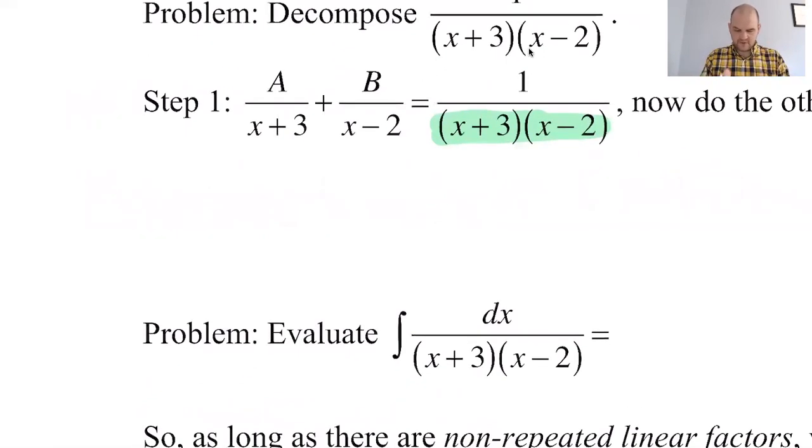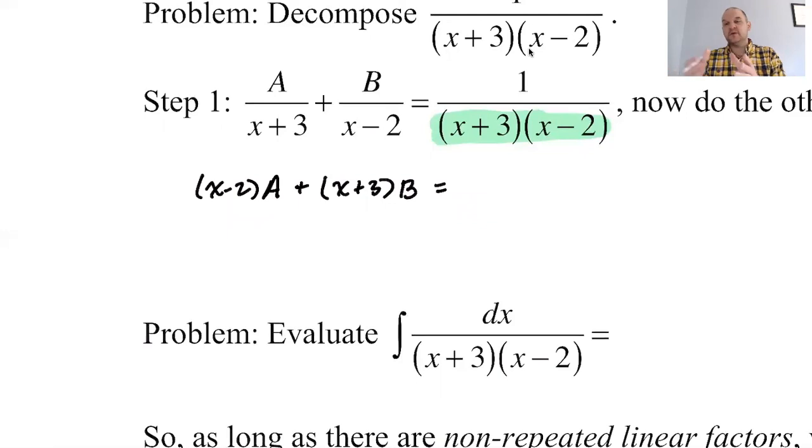When I multiply the first fraction by that, the x plus 3's cancel, and I'm going to get x minus 2 times A. When I multiply the second fraction by that, the x minus 2's cancel, and I get x plus 3 times B. And then on the right-hand side, if I multiply by the denominator, I just get whatever the numerator is. So I just get 1.